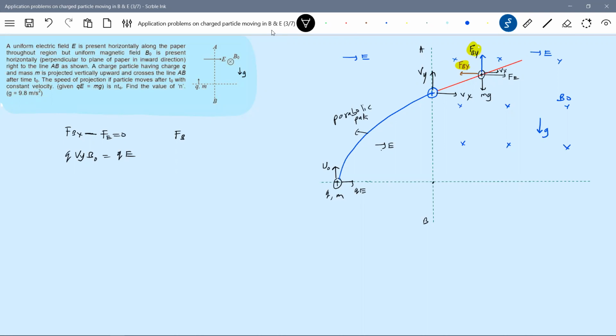Then FBY minus mg equals 0. FBY equals QVx B naught. So this angle should be theta. We don't know. And when it comes here, it will have some velocity, say v.